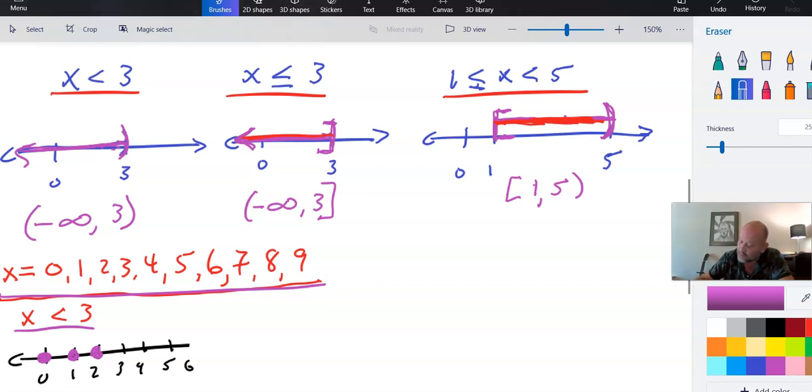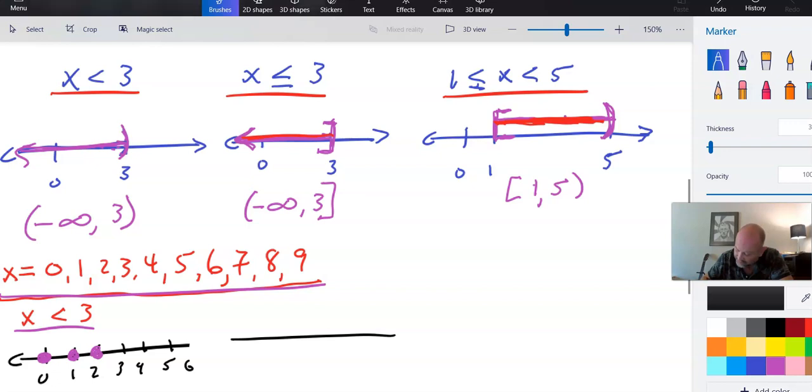So let's look at the next one here. This one is x is less than or equal to 3. I'm going to shorten the things I put on here this time because we know it's going to be pretty similar. My tick marks are bad. It keeps going until 9 or what have you.